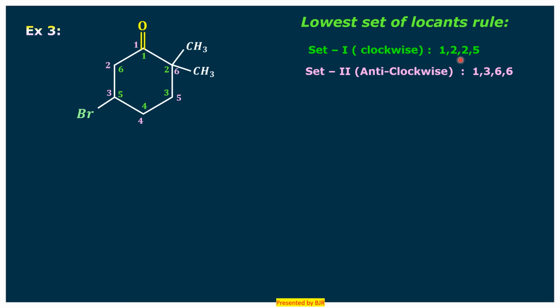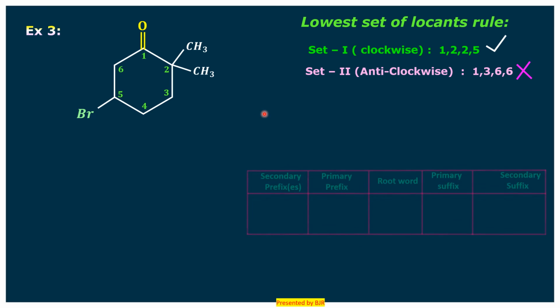So at the first point of difference, 2 is less than 3. Hence you need not compare the remaining terms. So set 1 locants are correct. That is, the clockwise numbering is the right way of numbering and the anti-clockwise numbering is the wrong way of numbering. Okay. So remove them.